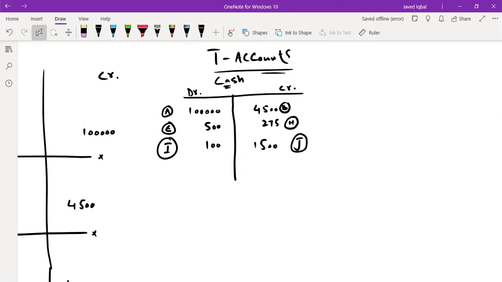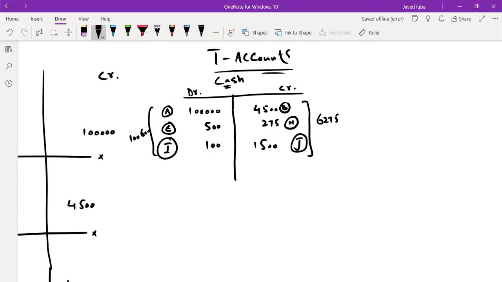I'm doing these rough calculations; you're not supposed to do it on the practically fair sheet. The credit total is 6275, and the debit total is 100,600, right?